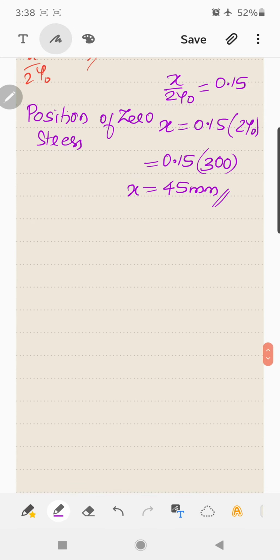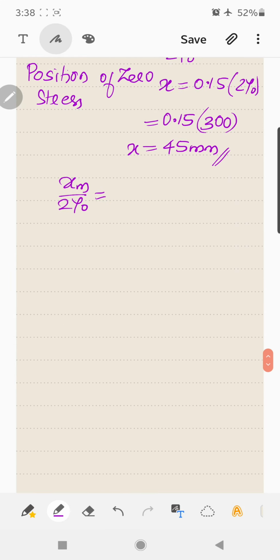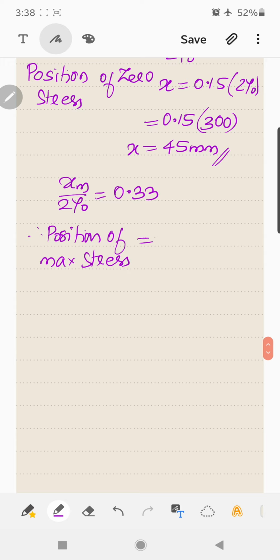Now similarly xm by 2 y naught has the value 0.33. Therefore the position of maximum stress xm is equal to 0.33 times 2 y naught.